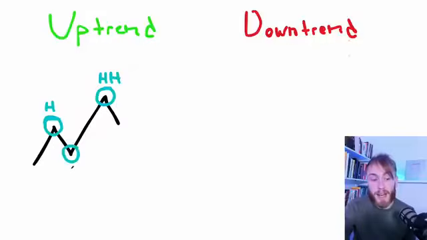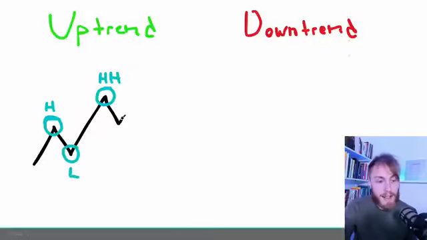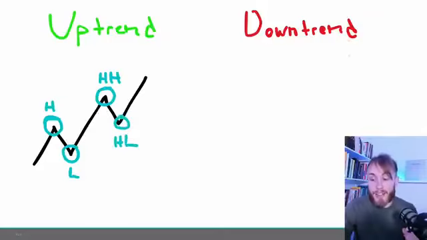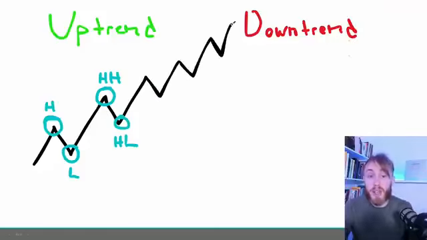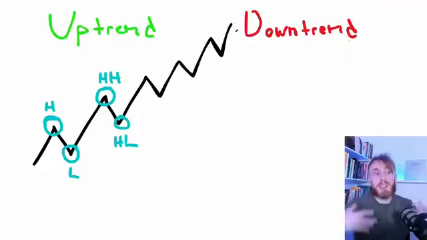Right here, we have a low, we can mark it with L, and right here we have a higher low. We can mark this with HL. And as long as this trend continues to print higher highs and higher lows, we are in an uptrend. So this is the very simple definition of an uptrend.